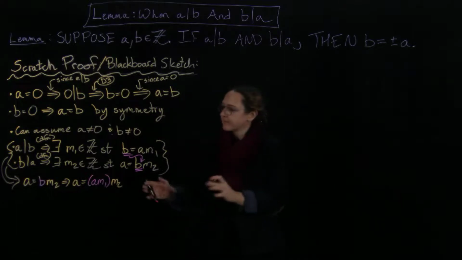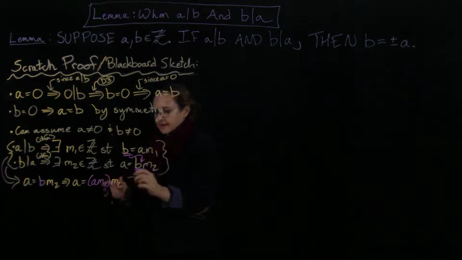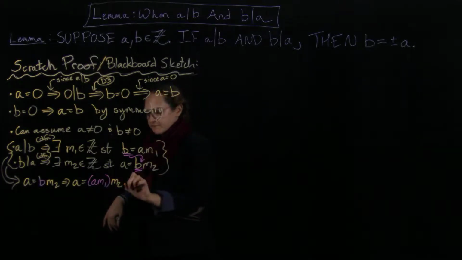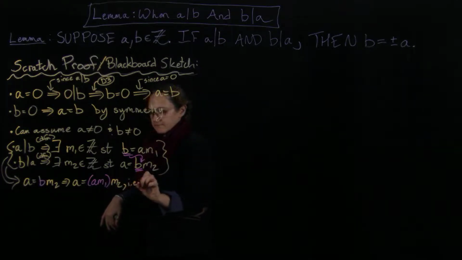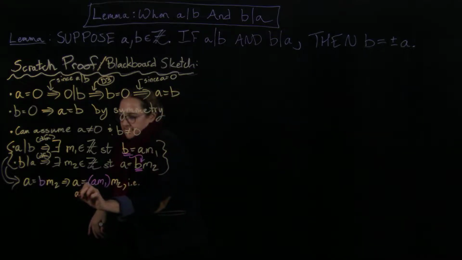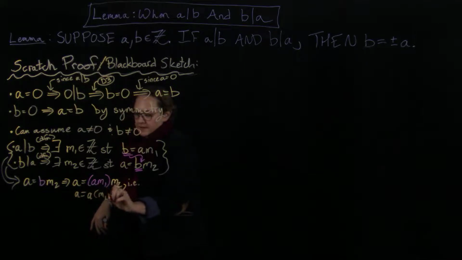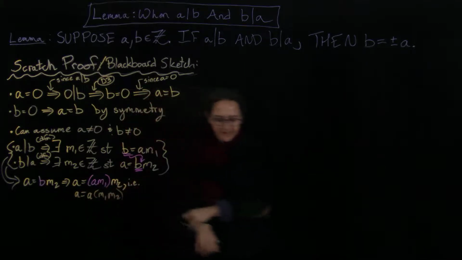The parentheses don't matter here, so A equals A times M1 M2.